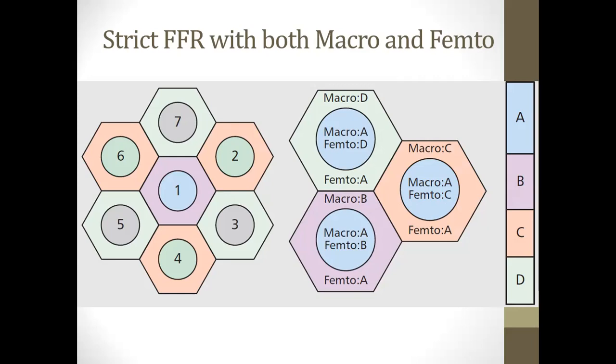You have some benefit on spectral efficiency. So the cell edge users are not using the same frequency, so you get rid of the problems that we were discussing in the early part of the class today. If the neighboring cells are using different frequencies at the cell edge, then you don't have those problems.